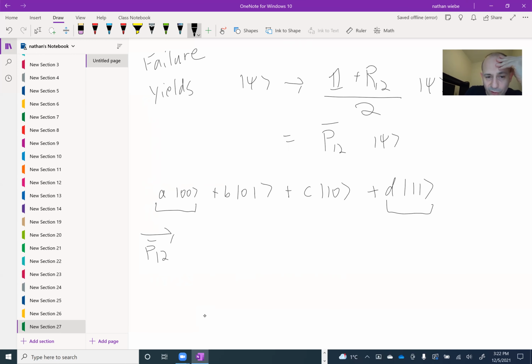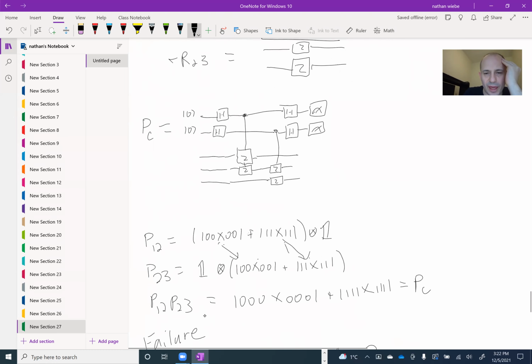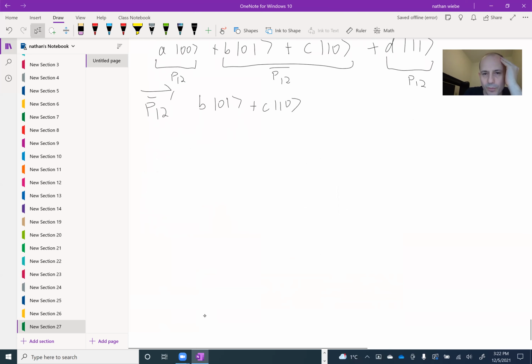So this is in the domain of P12, and these two are in the domain of P12 bar. And so this will map us to B|01> plus C|10> instead of that. So that is how the action on our particular state ends up working.